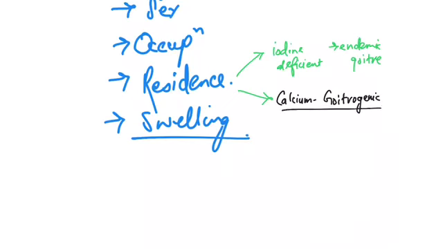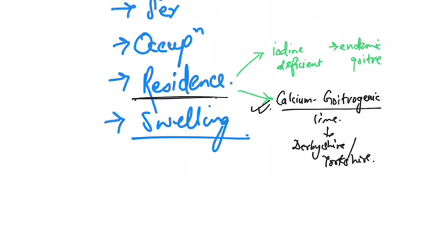Areas which are rich in lime also show a rise in goiter, enlarged thyroid. These are generally, for example, Derbyshire and Yorkshire, not in India of course. But you should know that calcium is also goitrogenic, and the importance of residence in history taking of a thyroid swelling.